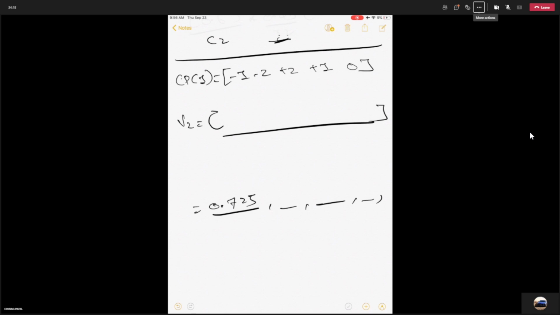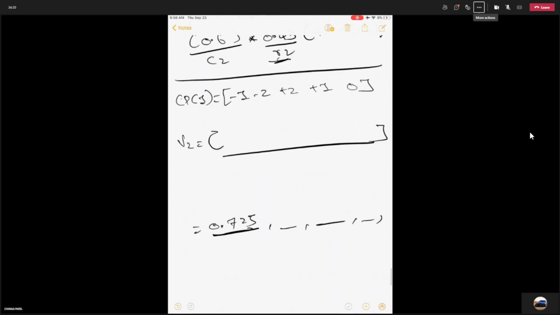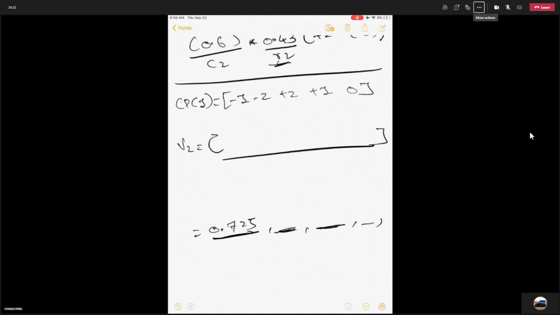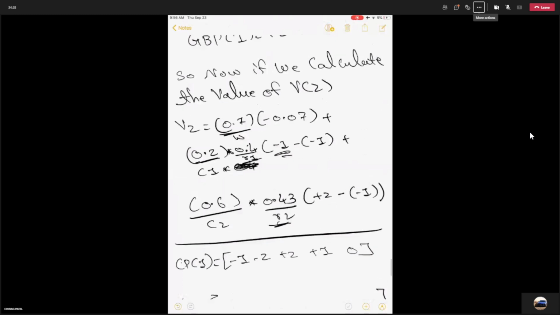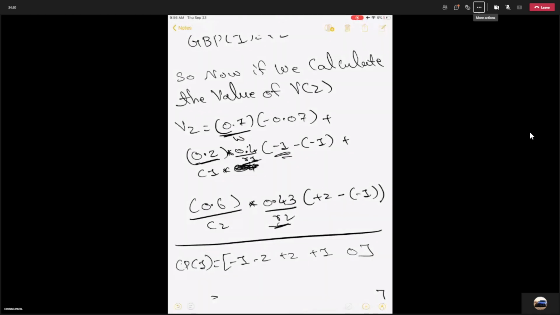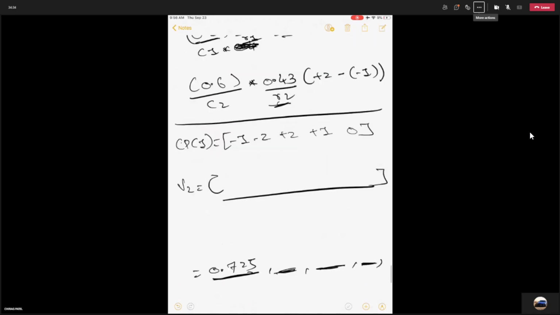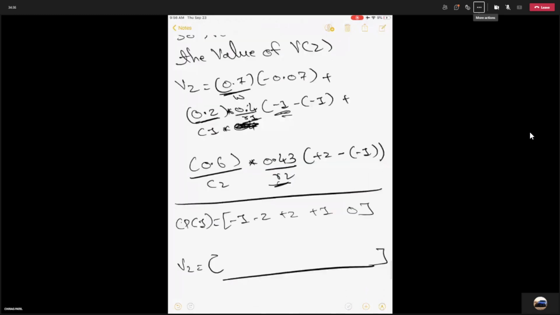One value is 0.725. Now what is the next value? Does anyone have a calculator? You just need to replace a few parameters and you will calculate. If you calculate, you can write it down in chat so I can update it.